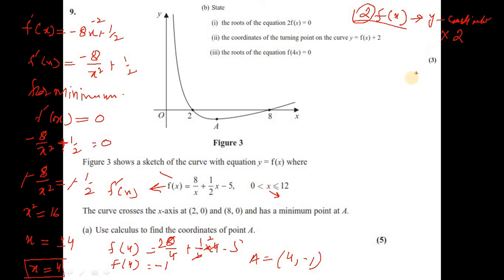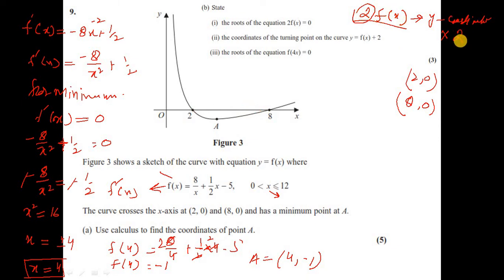So you can see that I have the point (2, 0), which is the first root of the original equation, and (8, 0) is the second root, so 2 and 8 are the roots, and (2, 0) and (8, 0) are coordinates of the points on the x-axis. So what is the meaning of 2 f of x?